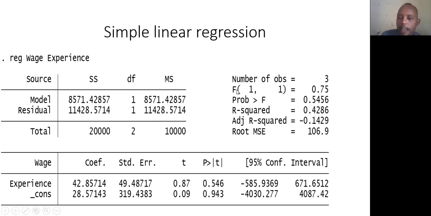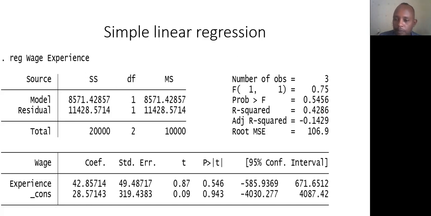That is the F test. And the probability, p value greater than F, means the probability that we can find an outlier value, and this is 0.5456. R squared is 0.42, or about 42%.